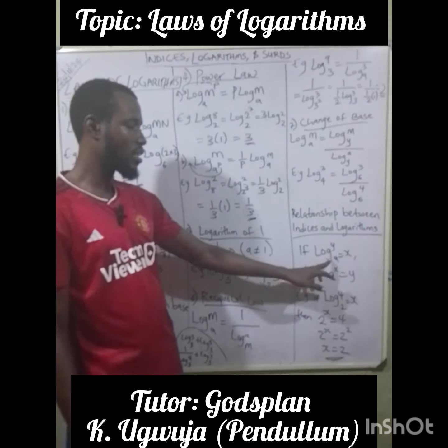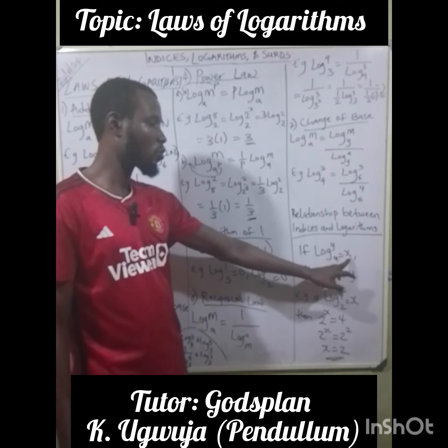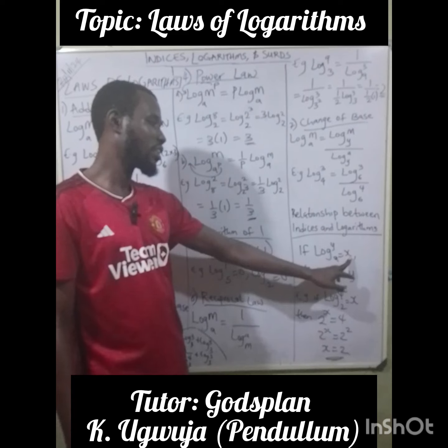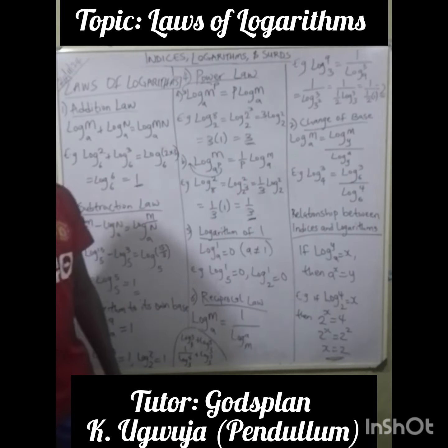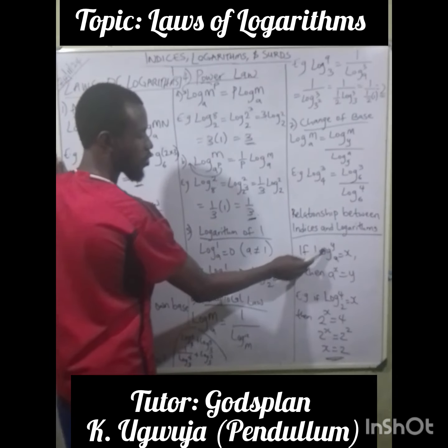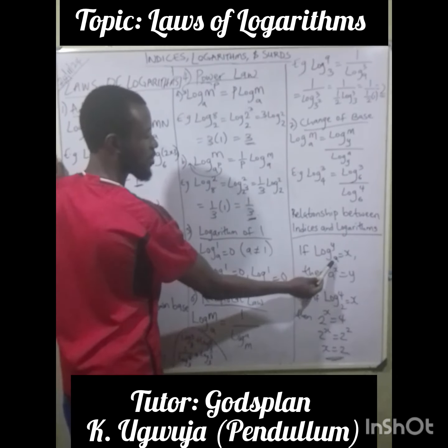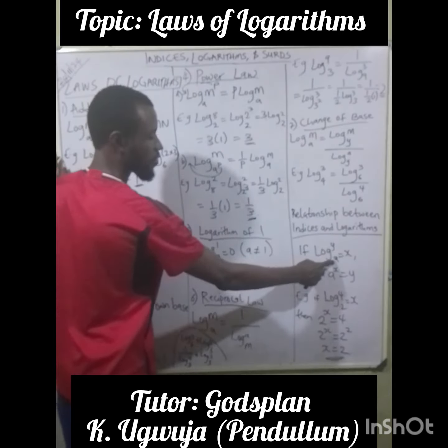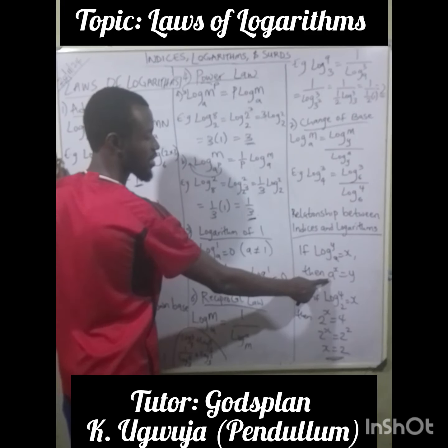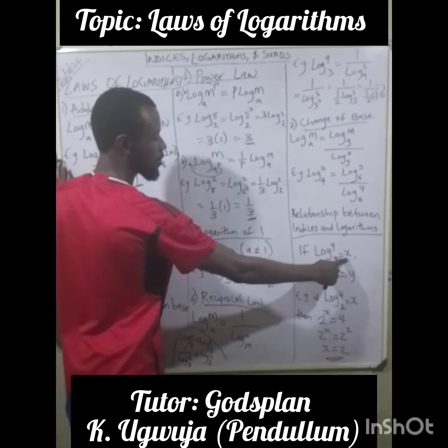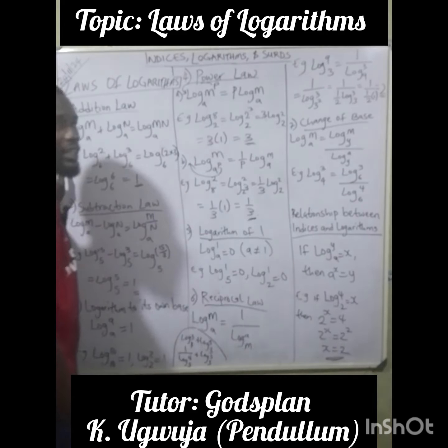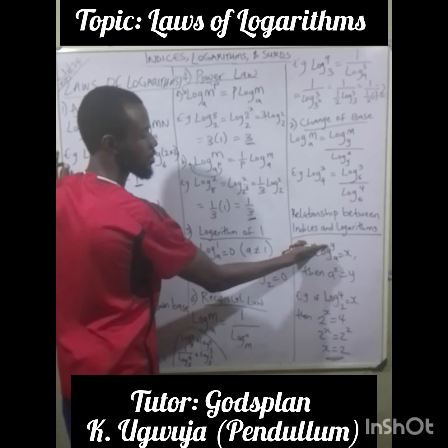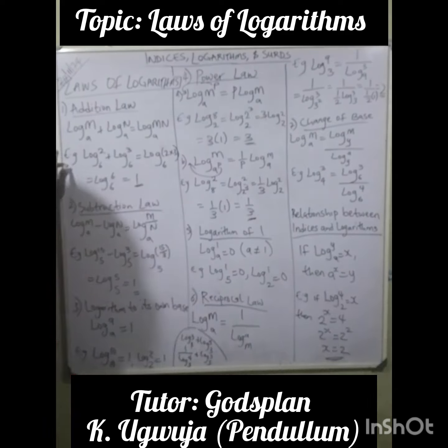So the base raised to the power of the number after your equality sign is equal to the number on top of the logarithm. So the base for the logarithm remains the base for the indices, the answer for the logarithm becomes the power for the indices, and the number on top of the logarithm becomes the answer for the indices.